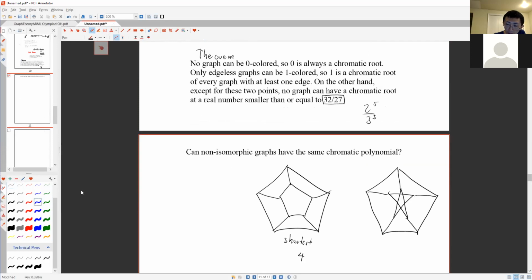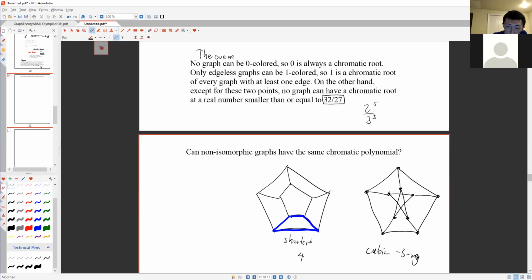You have a cycle of length 4, but the shortest cycle in the Peterson graph has length 5. Both of them have 10 vertices, 15 edges. Each of the 10 vertices has degree 3. So that's called a cubic graph, 3 regular, but they're not isomorphic. Just because each of the 10 vertices has the same degree doesn't mean the two graphs are isomorphic.